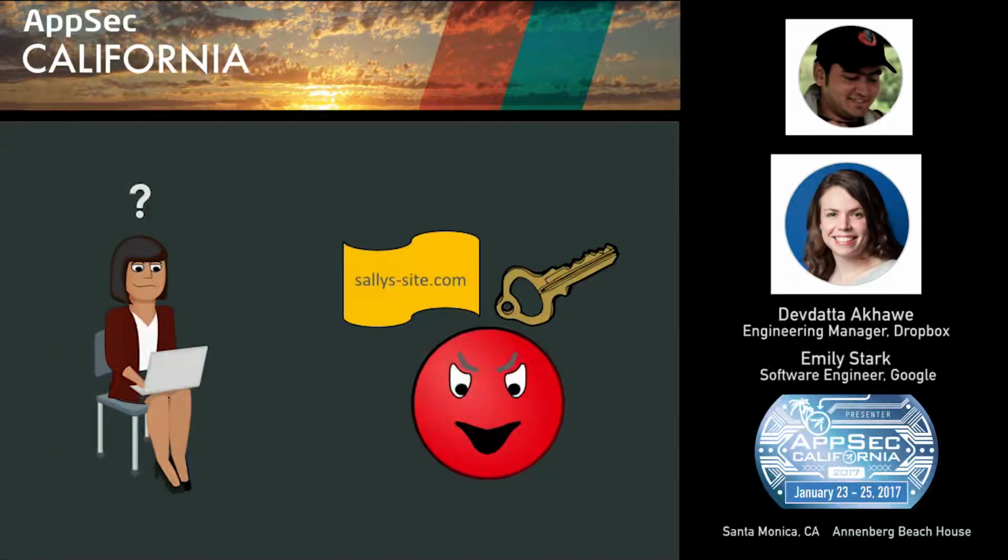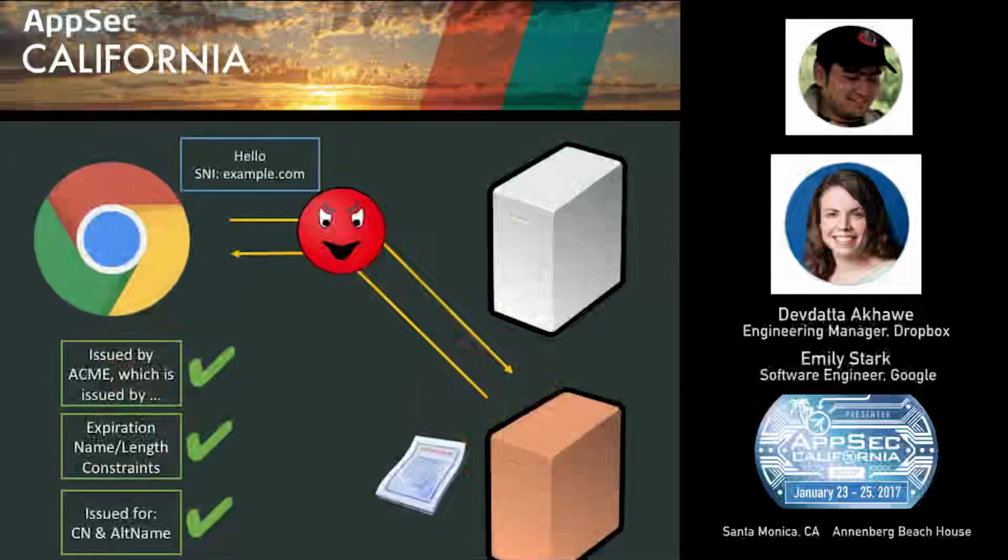But remember that what we're interested in this talk is when an attacker has a private key for a certificate for the domain. So the client is not actually talking to the real example.com. The client is talking to an attacker who has a certificate claiming to be example.com. The problem is that everything to the browser looks exactly the same in this situation. It says, I want to talk to example.com.